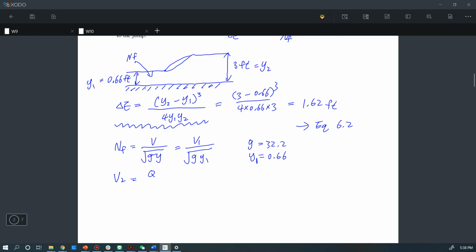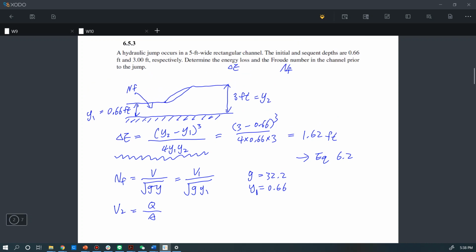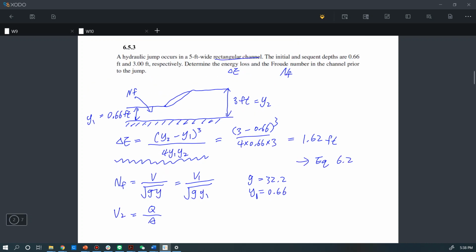In the previous homework, we calculated velocity by the flow rate divided by the area, but this channel is a rectangular channel. So what we usually express in this type of question is the flow rate per unit width.